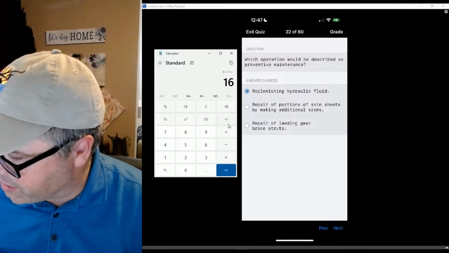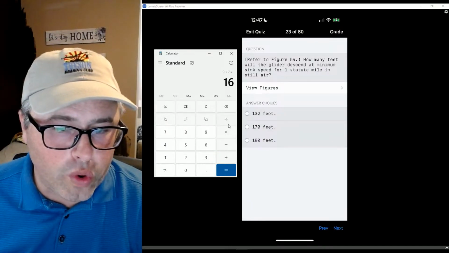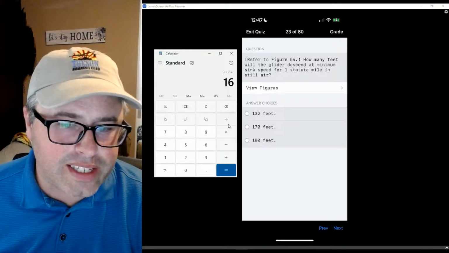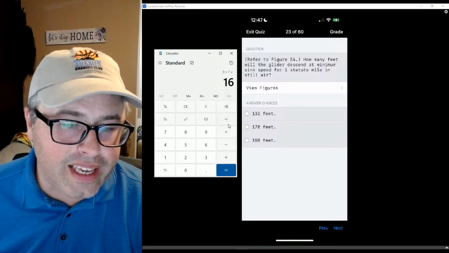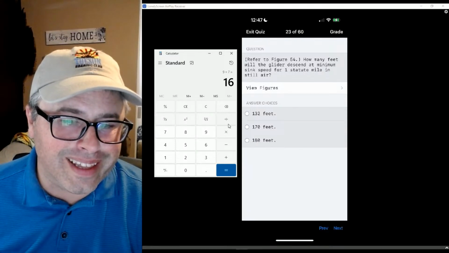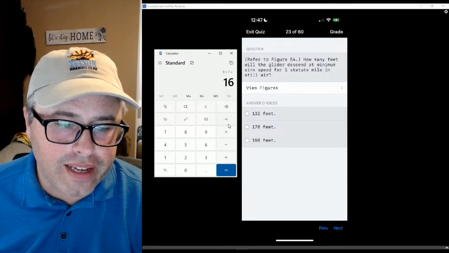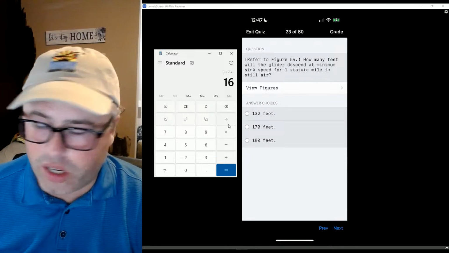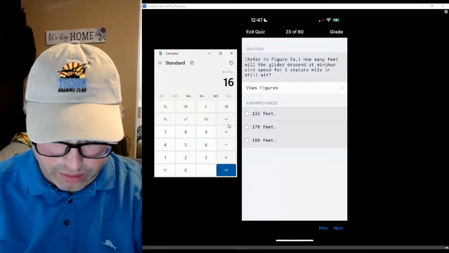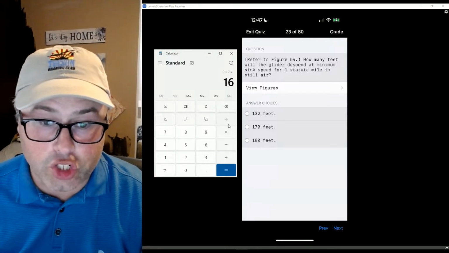Yeah, that's preventative. Okay. Referring to figure 54, how many feet will the glider descend at minimum sink speed for 1 statute mile in still air? Ooh, this is a good one. This is understanding L over D, and it's also about understanding how to read the chart.